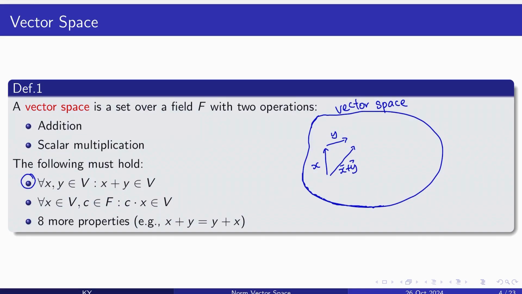The second condition says that you can stretch or shrink vectors using numbers.